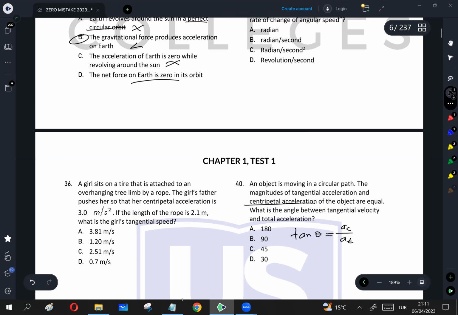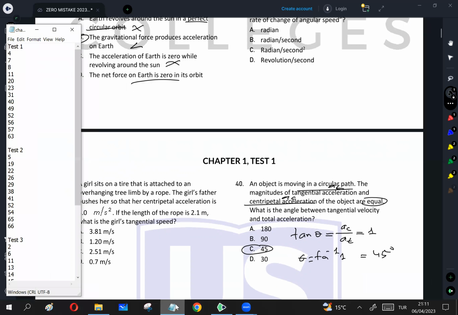The question says that centripetal acceleration AC and tangential acceleration AT are equal. If they are equal, their division is going to be 1. And which angle has a tangent of 1? Theta is equal to inverse tangent of 1, which is 45 degrees.